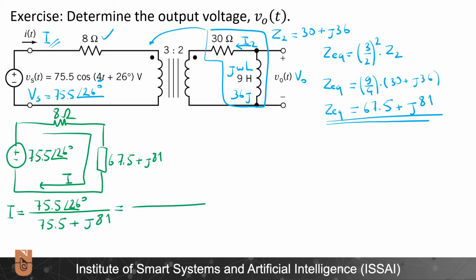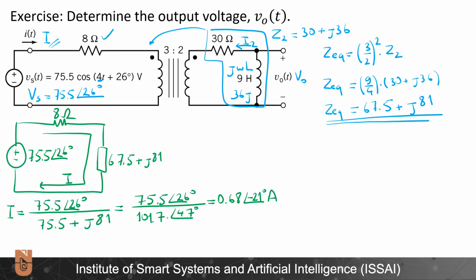And if I write the bottom part in polar form, I will get 101 times 0.7 with an angle of 47 degrees. And if I do some complex algebra, I get I equal to 0.68 with an angle of minus 21 degrees, and the units of this will be amperes.